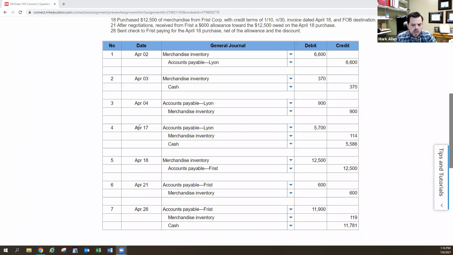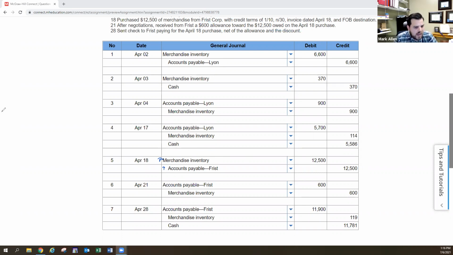It doesn't hurt anything. Now, in this case, we got the inventory, so that is an asset that will increase with a debit, and we got the liability coming in, so that liability will increase, of course, with a credit. So we do see that. Now on the 21st, they tell us after negotiations, we received a $600 allowance toward the $12,500. What this most likely means is we received some stuff.